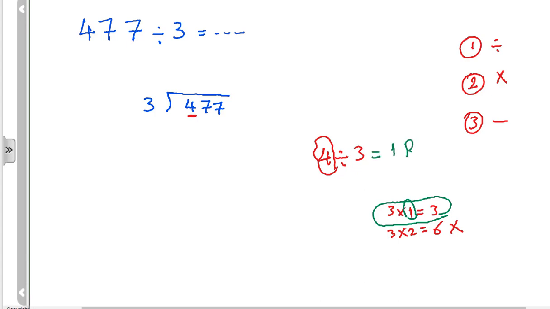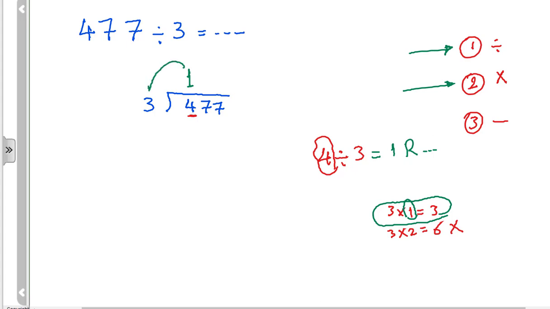And there is a remainder, but we don't need the remainder here. We will find the remainder in the same question. So I will write at the top here 1. And till now, we've finished the first step, estimate the quotient. And move to the second step, which is multiply.